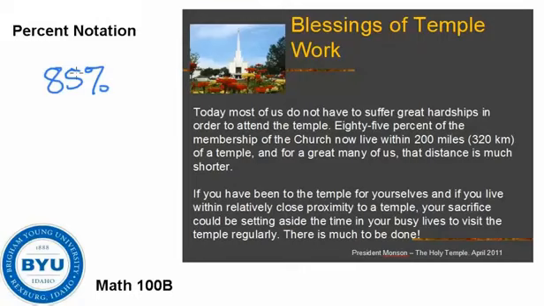For us now in the church, most of us, 85%, live really close, within 200 miles. If you got a car, that's less than 3 hours. And so we need to take advantage of that. We need to sacrifice a little of ourselves, maybe by just going. I'd encourage you, especially if you're here on campus, to take advantage of being 2 blocks away from the temple and sacrifice a little. The blessings that can come from it are amazing, and I testify of that.